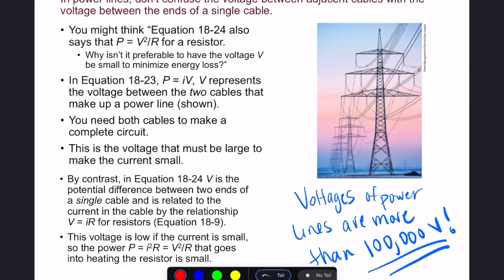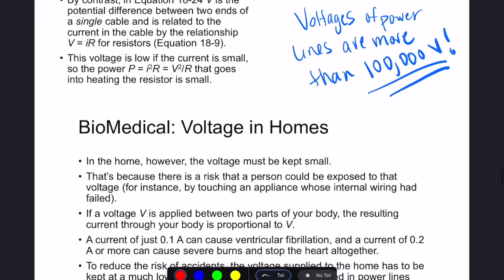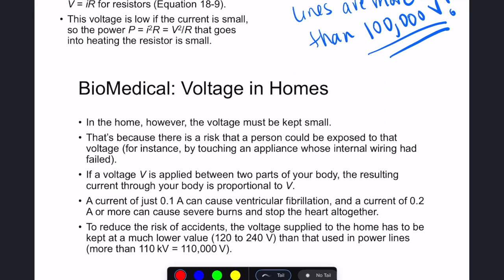We need a complete circuit in order for current to flow, so we have to send a cable back to the power plant, and that's exactly why there are two cables. So when we talk about 100,000 volts, we're talking about the voltage between adjacent cables, not the voltage from end to end. We're not going to do any problems where you would need to differentiate that. That's just a fun fact.